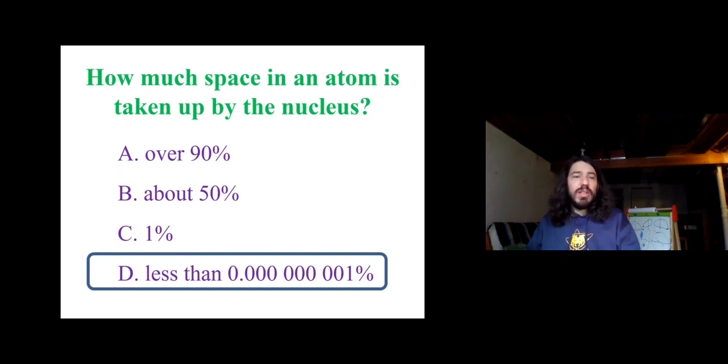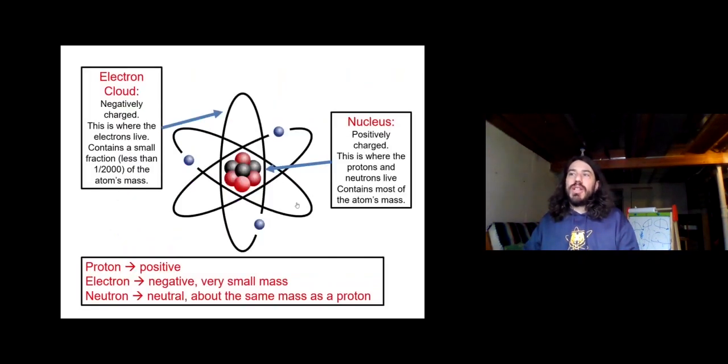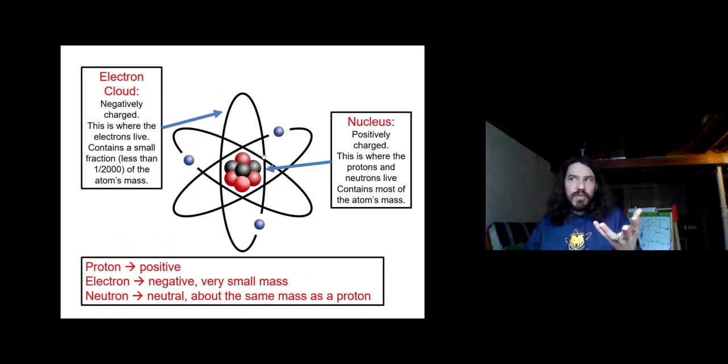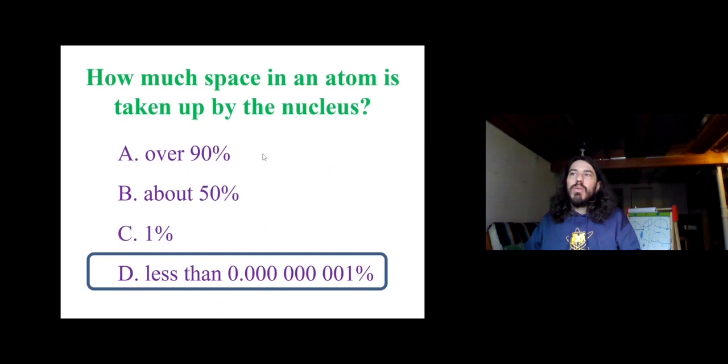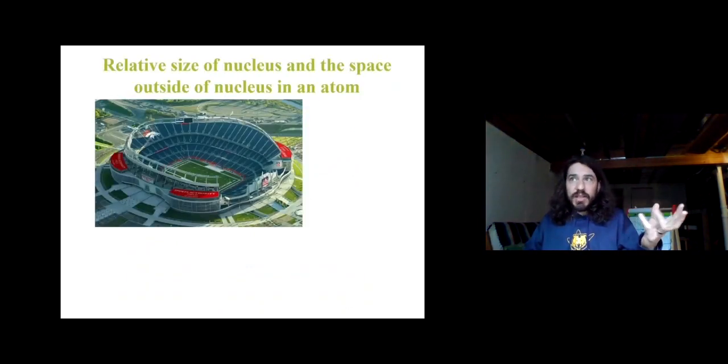In fact, the nucleus only takes up a few quadrillionths of the total space of an atom. And so, well, this visualization is nice to help us see the atom and kind of talk about the different parts. Indeed, we can have another way of visualizing it. So here's an analogy. This is, of course, Broncos Stadium, the Mile High.